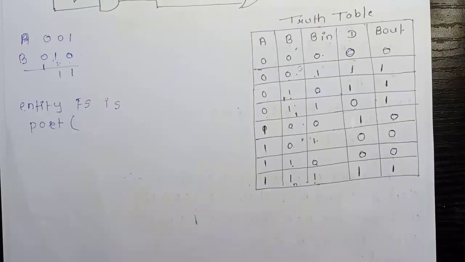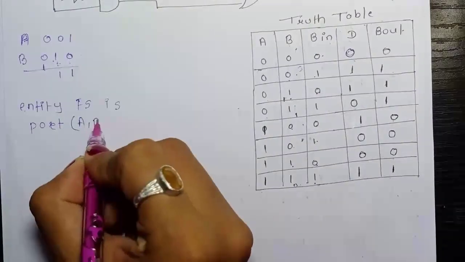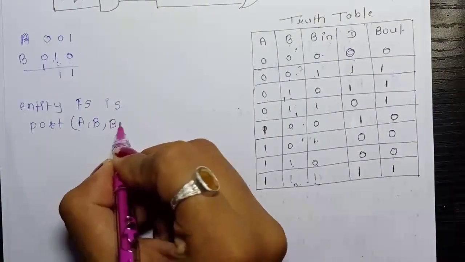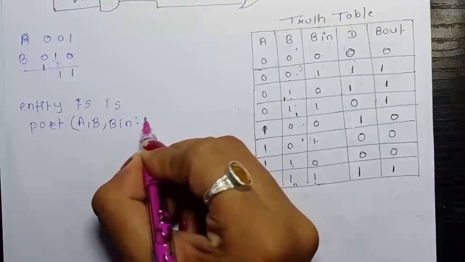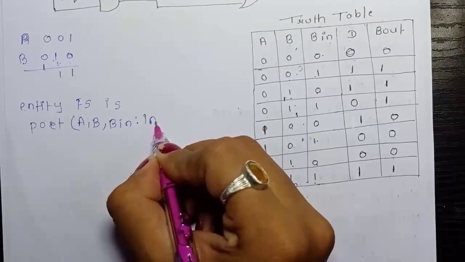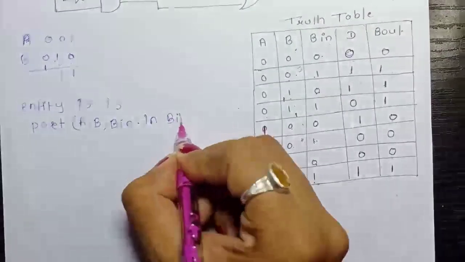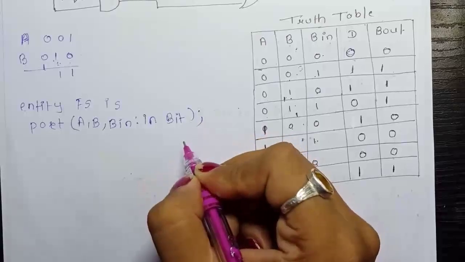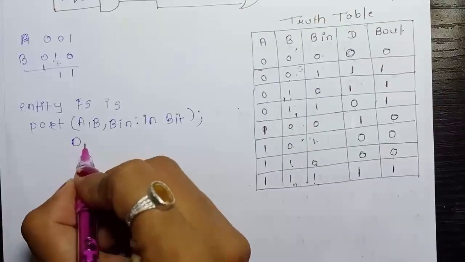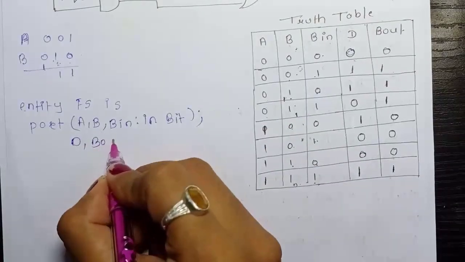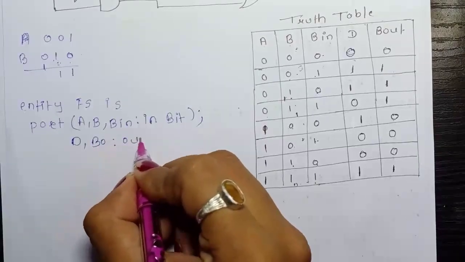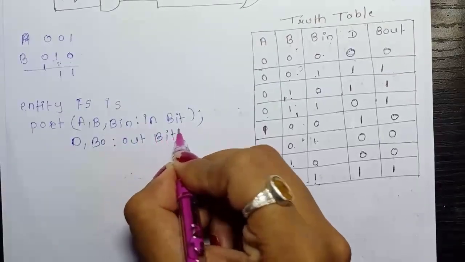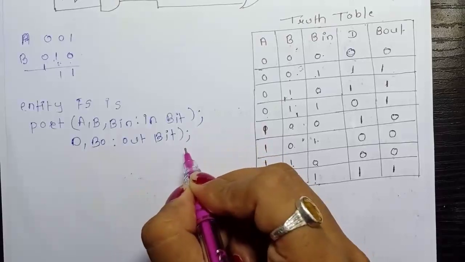Now ports A, B, Bin colon input type of ports, that's why in. Data type associated with it is bit. Then difference and borrow out are my output ports. So out, data type associated with it is bit.